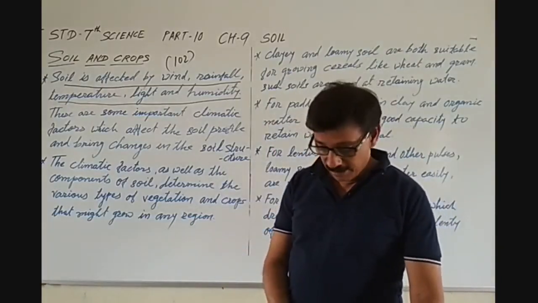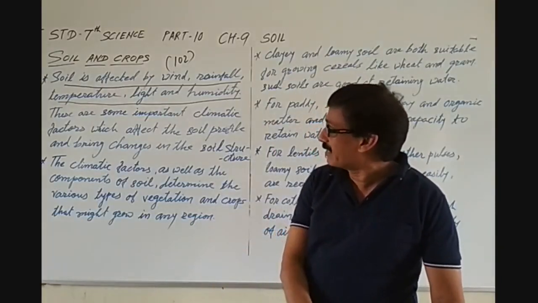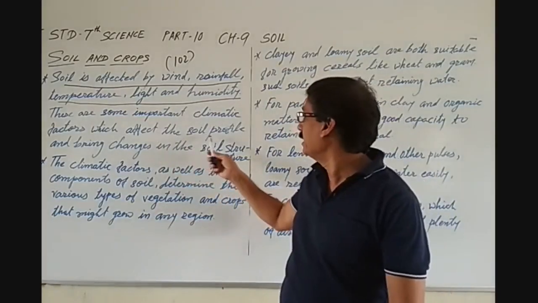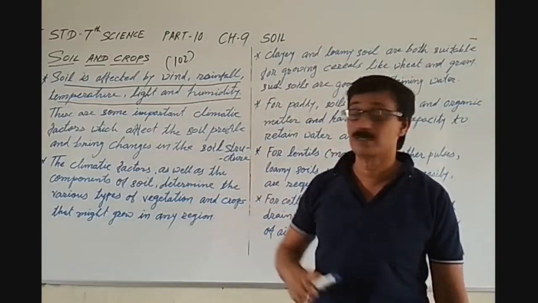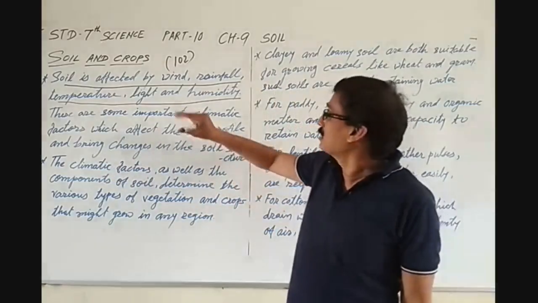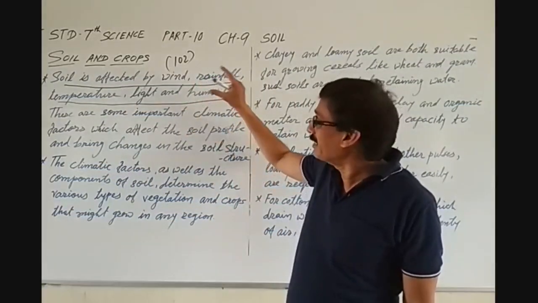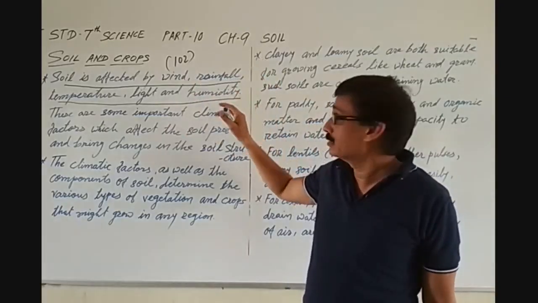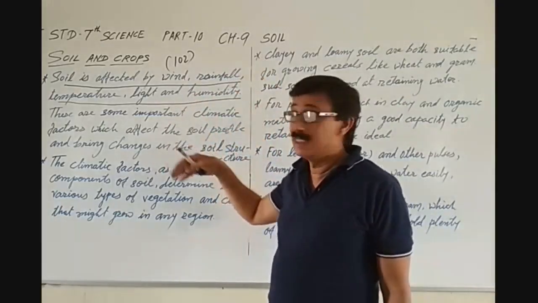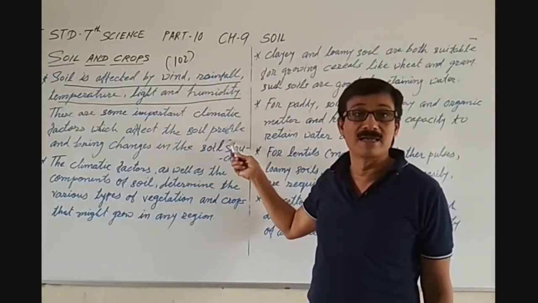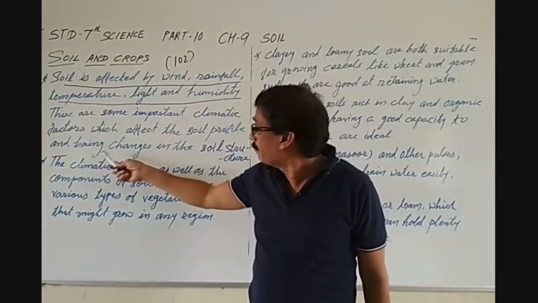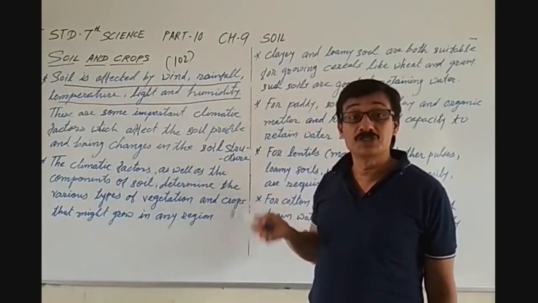These are some important climate factors which affect the soil profile and bring change in the soil structure. Because of these climatic factors, the soil profile is affected and the soil structure also changes.